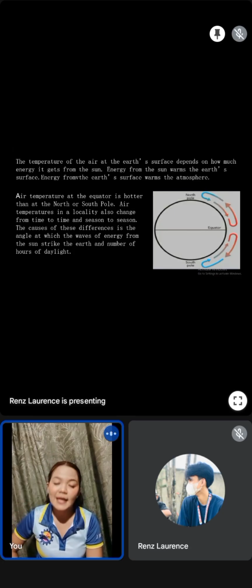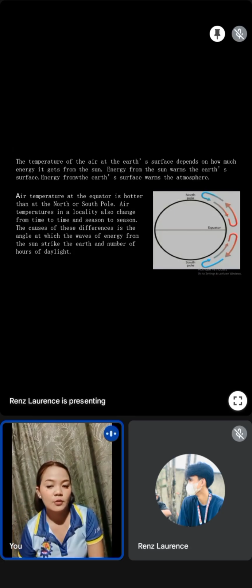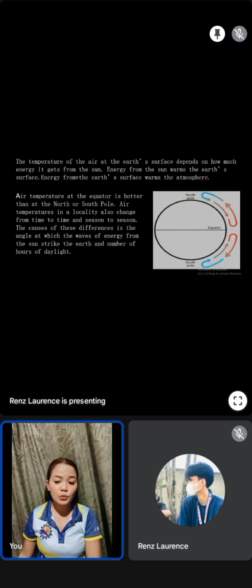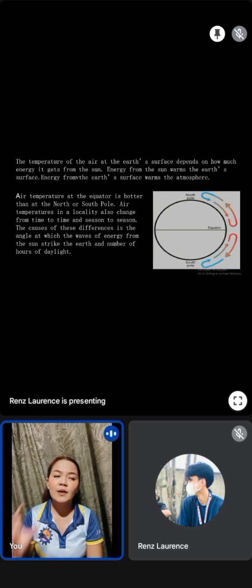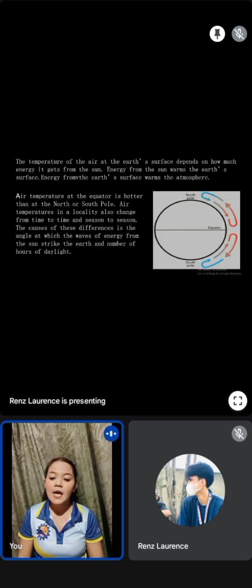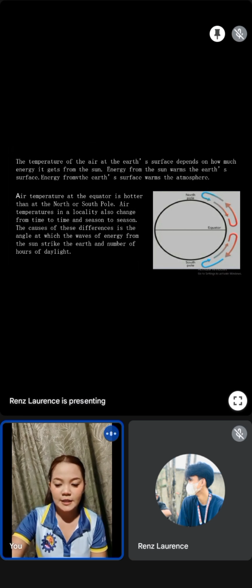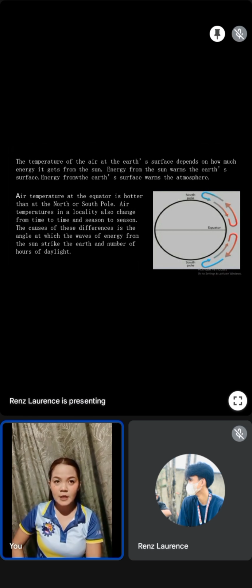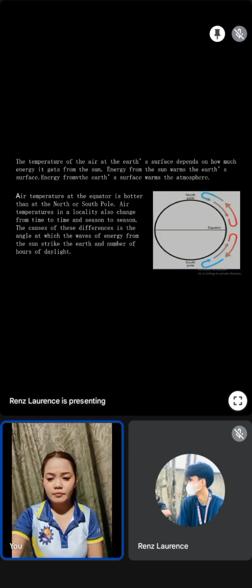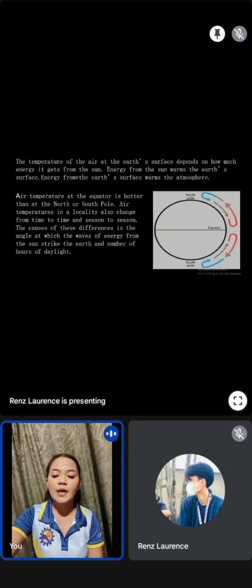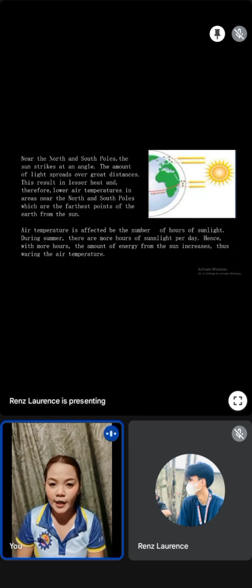At night, we feel cooler again. Why do we feel that? Because the amount of sunlight hitting Earth changes throughout the day. That is how air temperature varies.